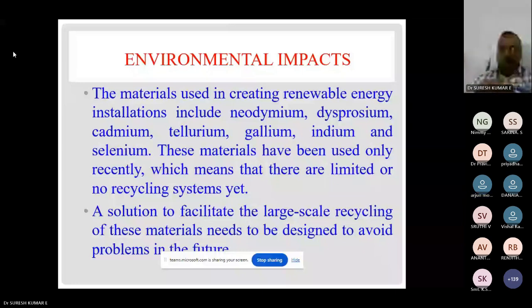Suresh sir, can I check the mic? Sir, you are not audible. Can you check your mic, please?